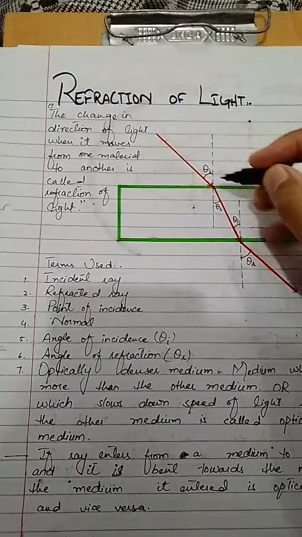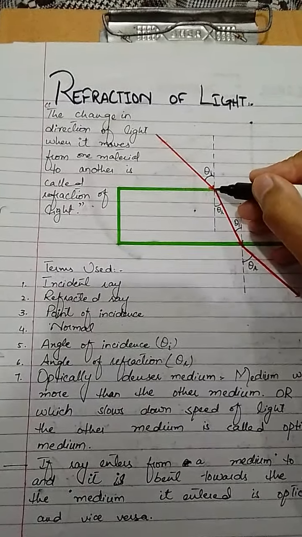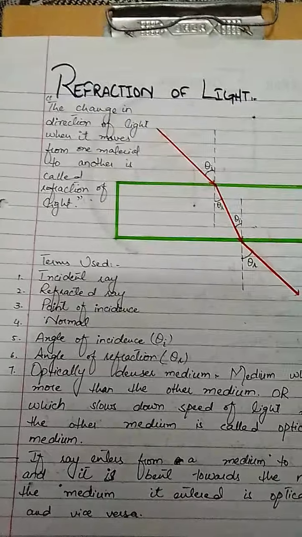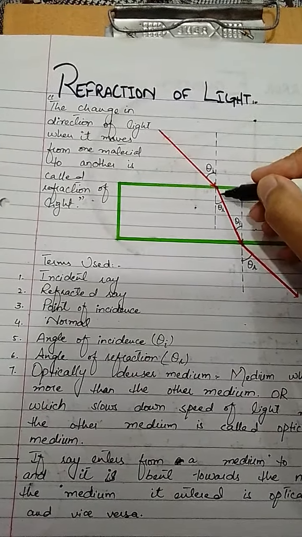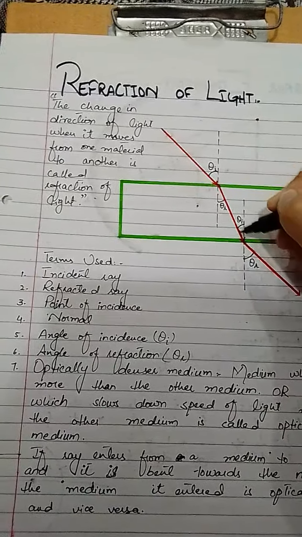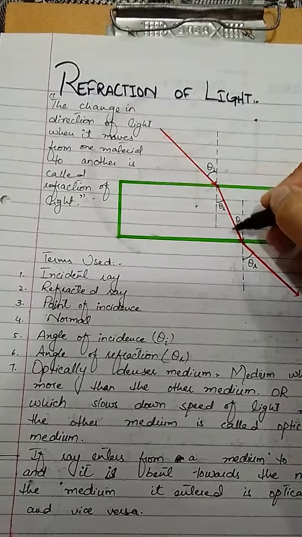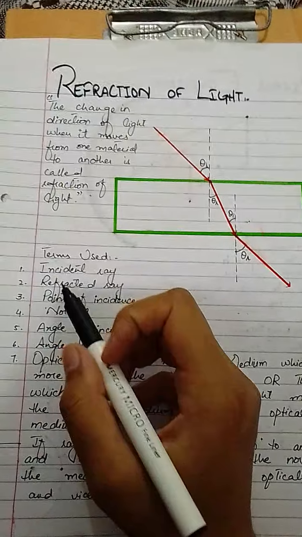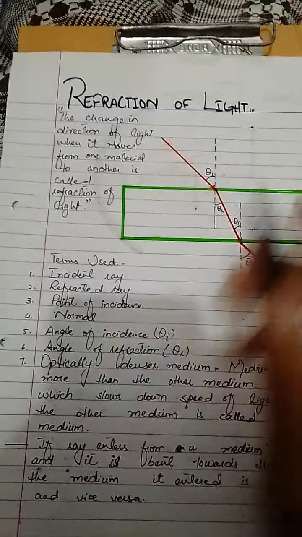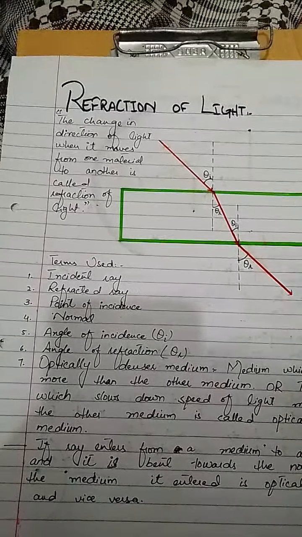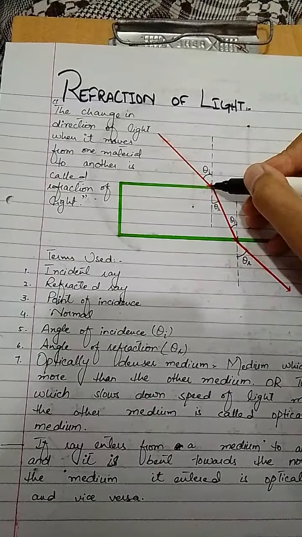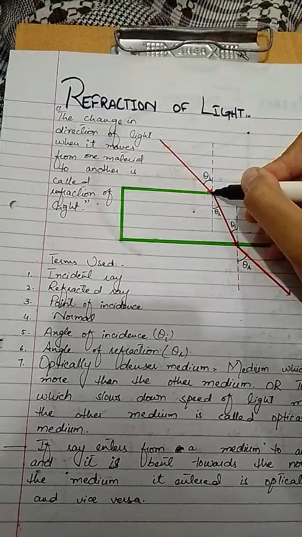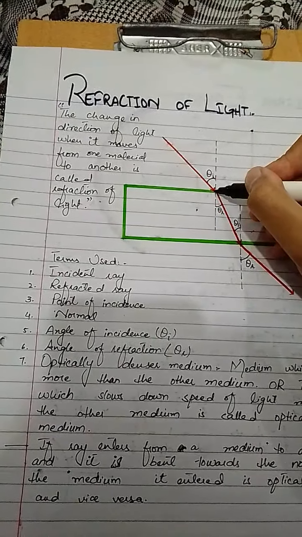Refracted ray is the ray which, after changing direction, continues to travel in the second medium. So in this case, this becomes the refracted ray. The point of incidence is basically where the incident ray strikes the surface of another medium.